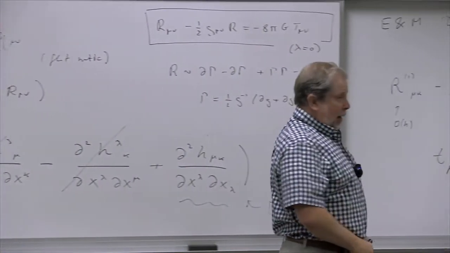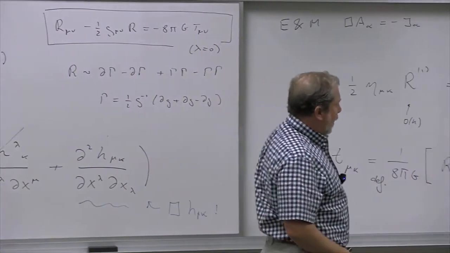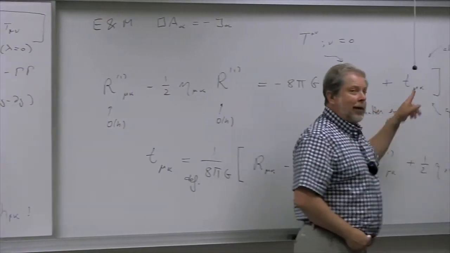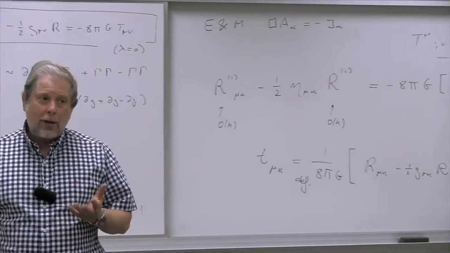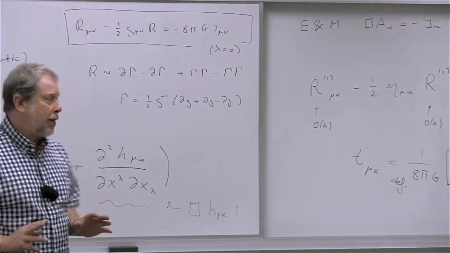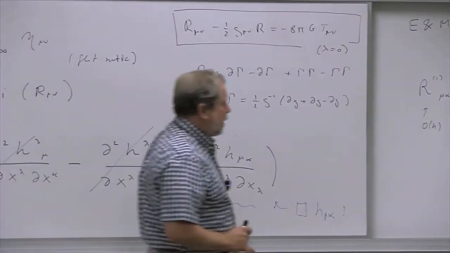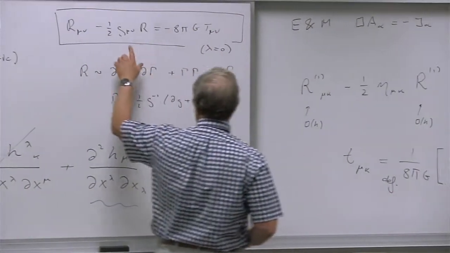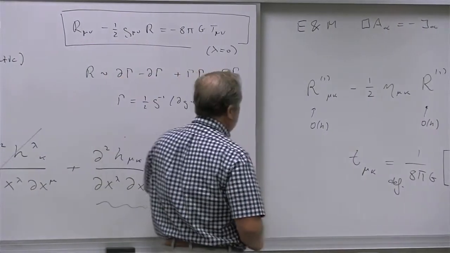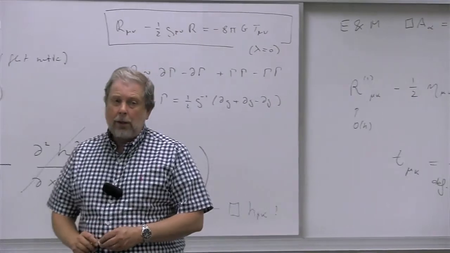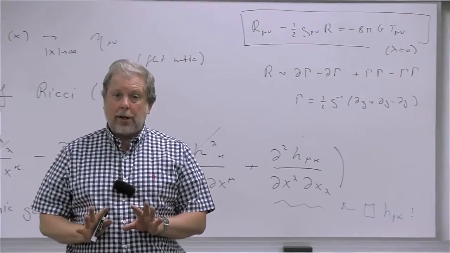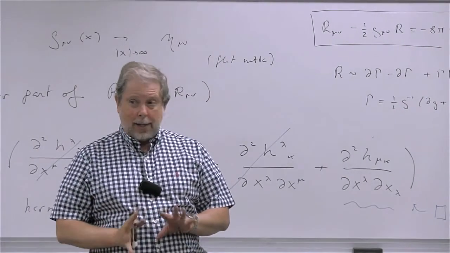But what about the little t? Well, the little t is not conserved, right? The little t is not conserved because we decided to basically split up something that was the original left-hand side of the field equation, to split it up into a linear part and the rest, right? And that splitting, of course, does not give us a tensor.